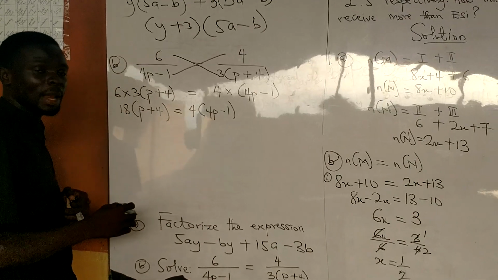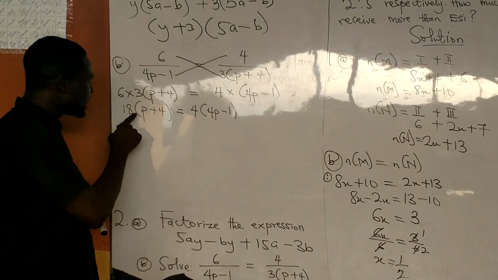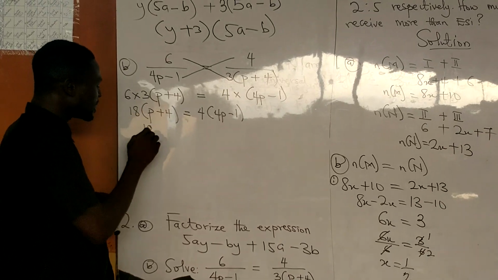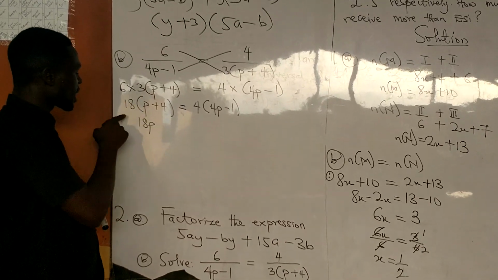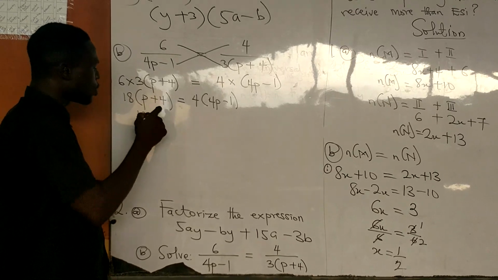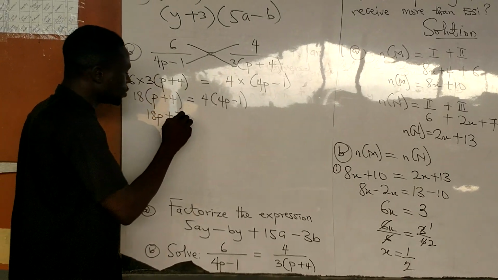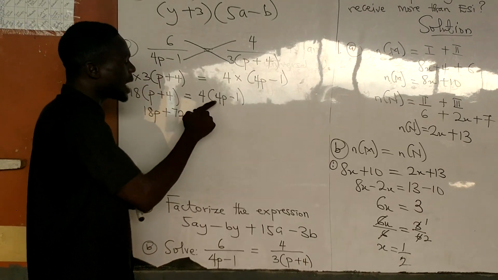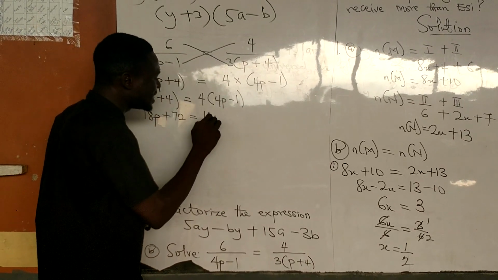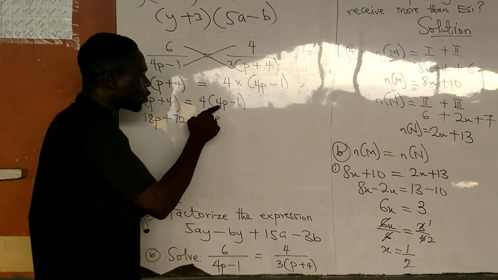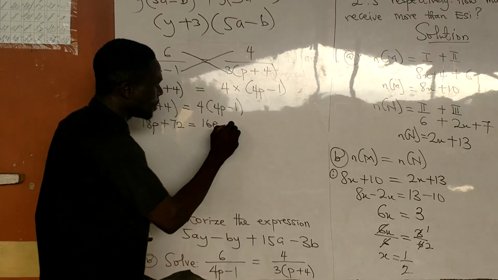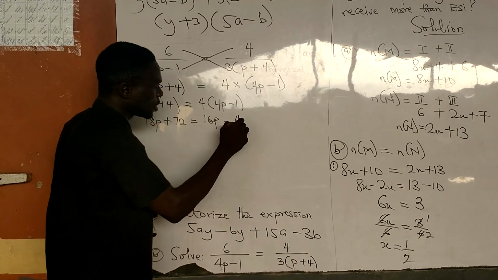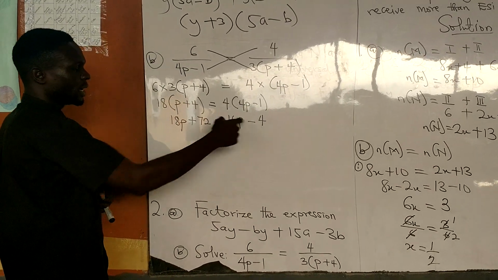So now let's multiply and clear the bracket. 18 times p will give us 18p. 18 times 4 will give us 72, which is equal to 4 times 4p, which will give us 16p, minus 4 times 1 is 4.